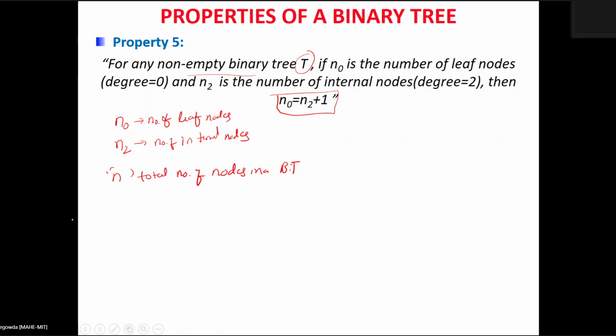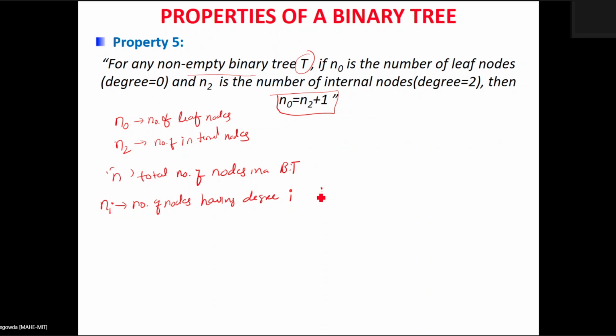And I say Ni is the number of nodes having degree i, where the suffix i represents the degree of the nodes.